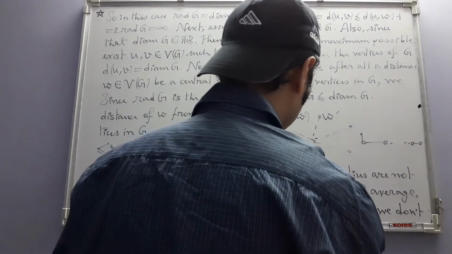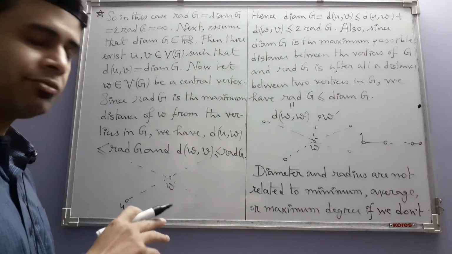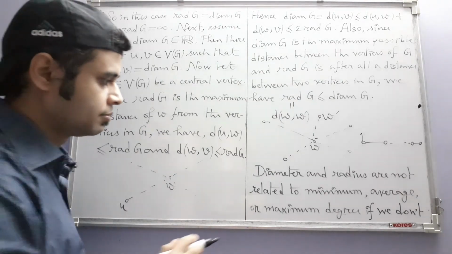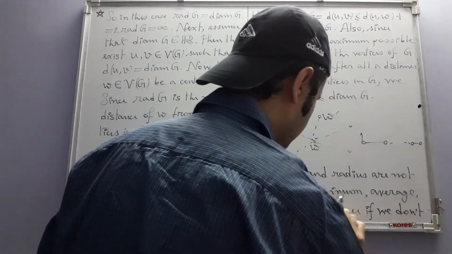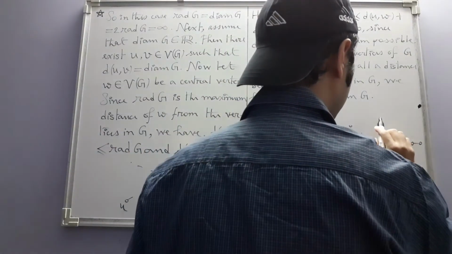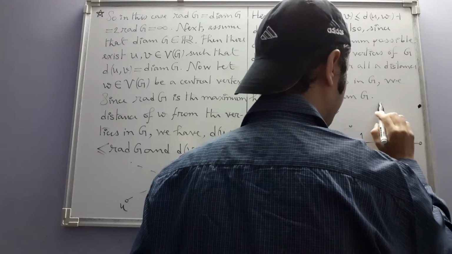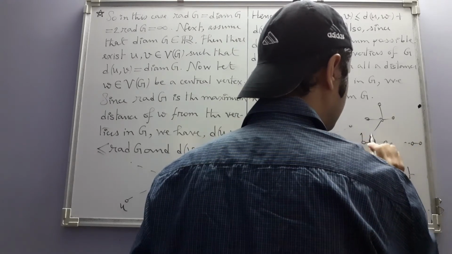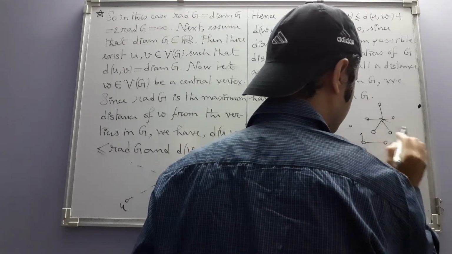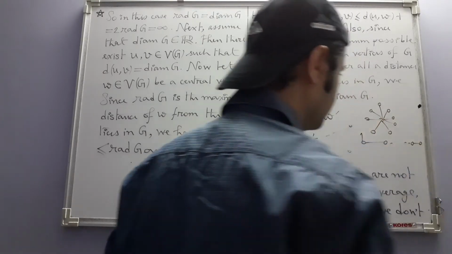At the same time, you can make the diameter have any value, but you can keep on increasing the minimum degree. You just take, I think this type of graphs are called stars. They have a name. We will come across these things when we go further into the theory.